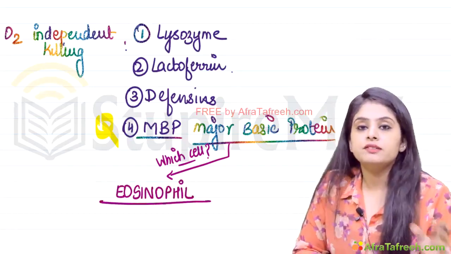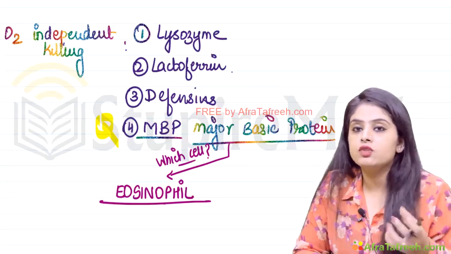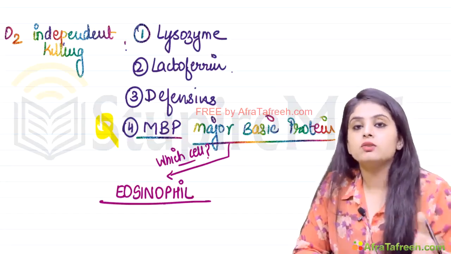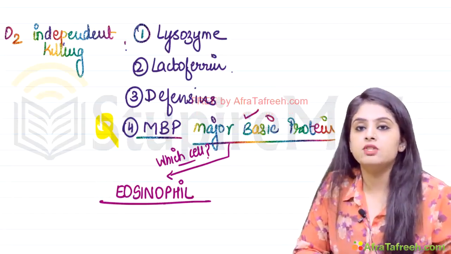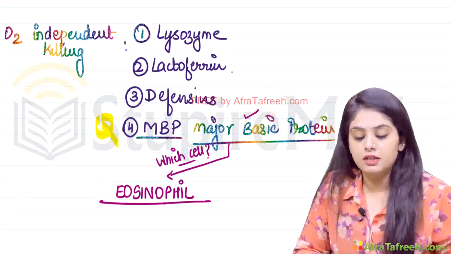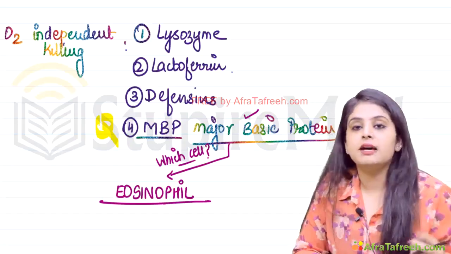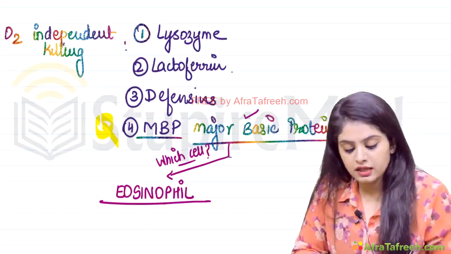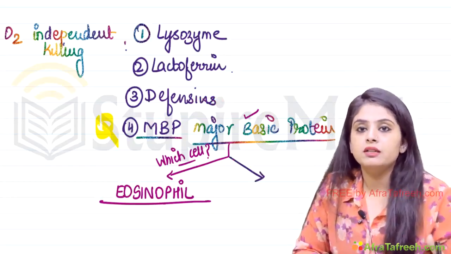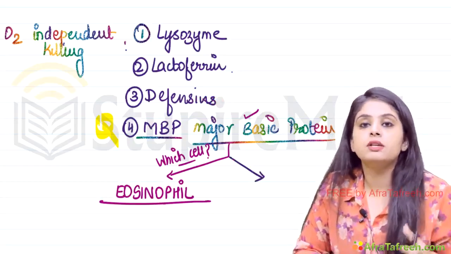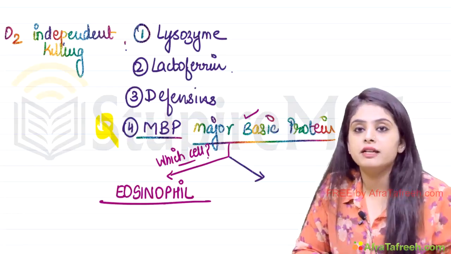So the eosinophil is that cell which has these orange pink granules, and what are those granules going to release? This particular molecule, that is major basic protein. Now indirectly the examiner can twist the question and ask, if eosinophil releases the major basic protein, what type of infections will major basic protein help you fight against?